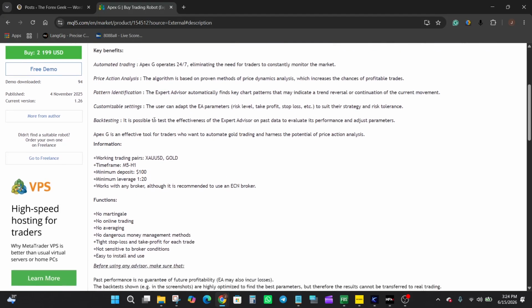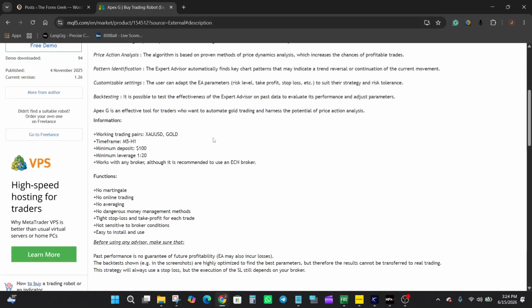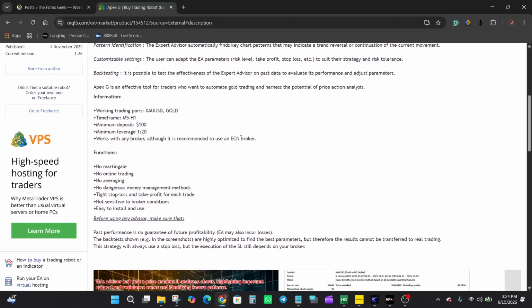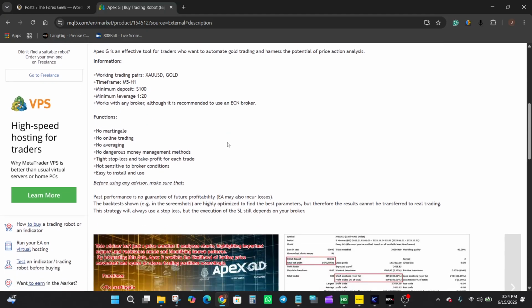Looking at the trading specifications, the recommended time frame range is from M5 up to H1. The developer states that the minimum deposit requirement is $100 with a minimum leverage recommendation of 1 to 20. The EA is described as being compatible with any broker, although ECN brokers are specifically recommended.